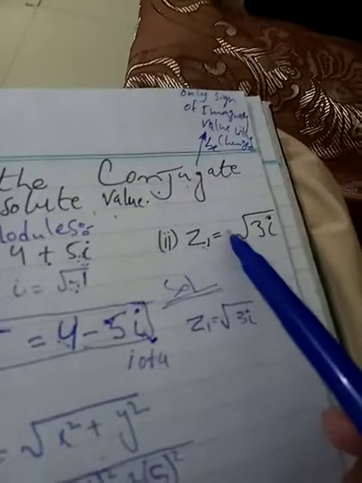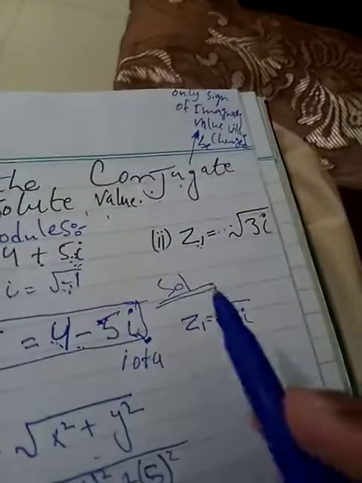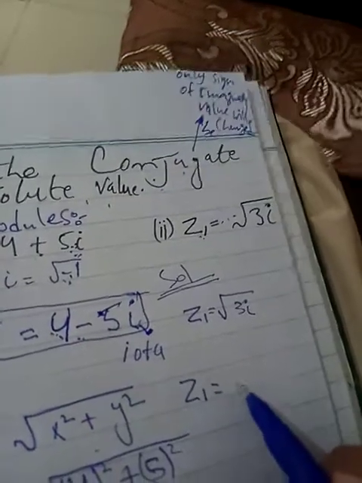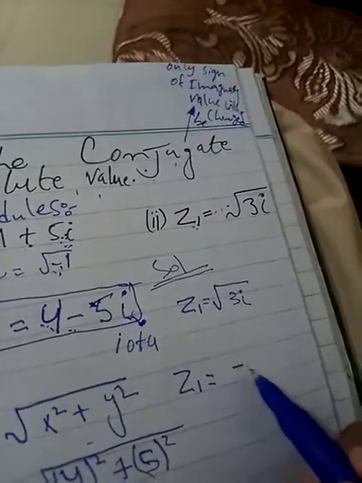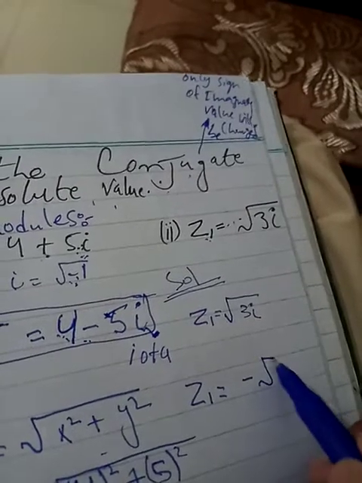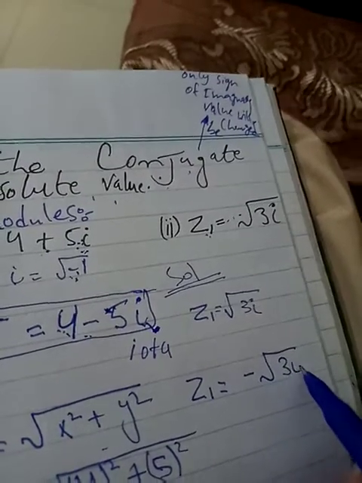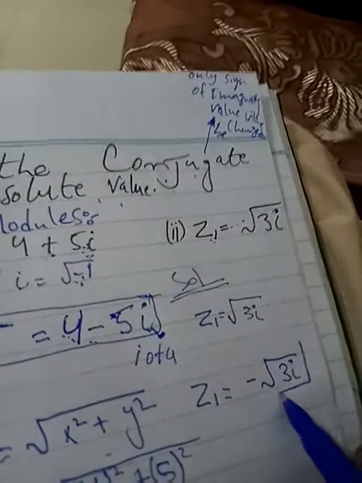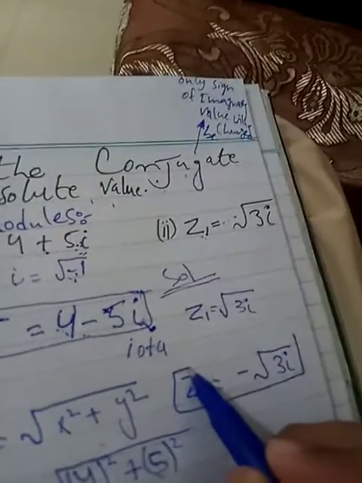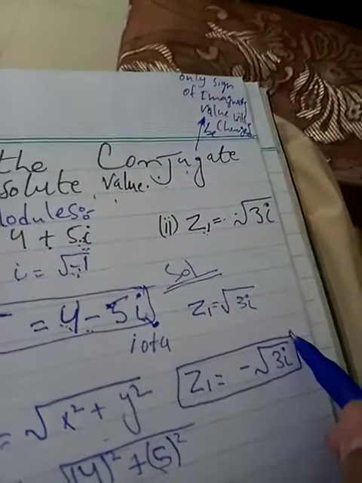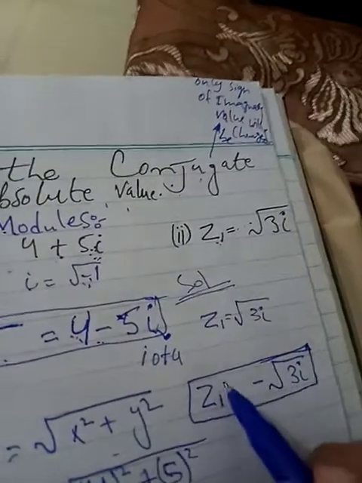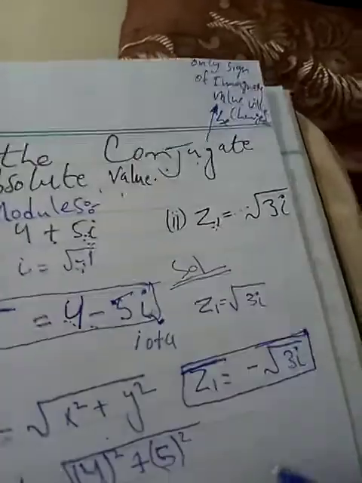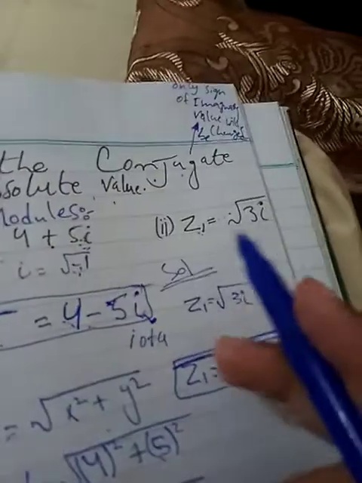Here we do not have a real number, so if it is not there, we only change the sign of this one, radical 3 iota, because it is the complex or imaginary number. Complex and imaginary are the same here, so do not get confused. So this is the conjugate of radical 3 iota.